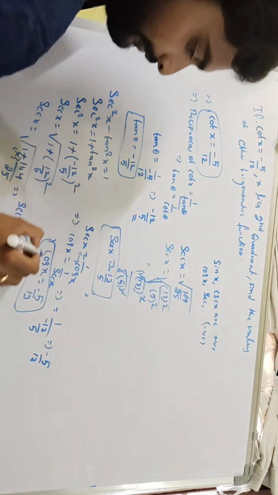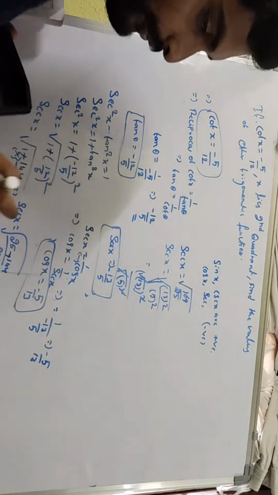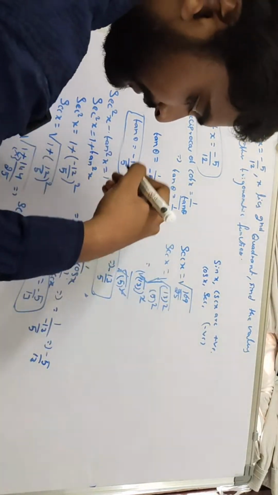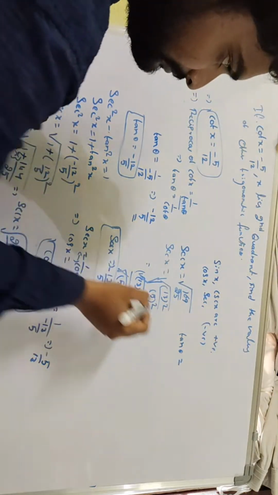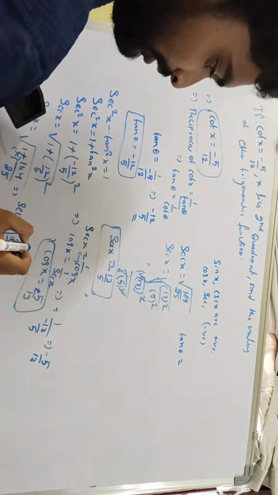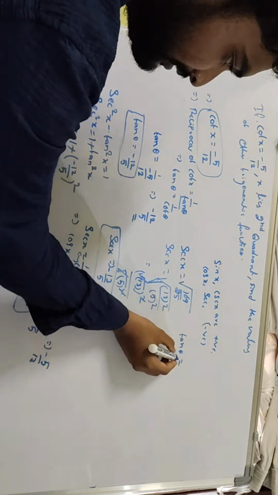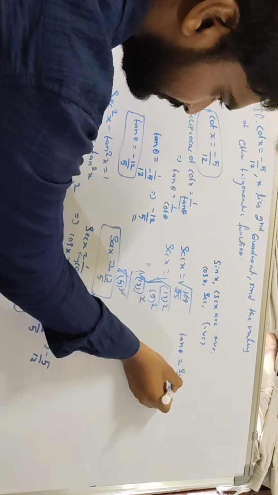Okay, so when we find tan theta, secant theta and cos theta, it will be very easy to identify sin theta also. How do we identify sin theta? Tan theta is equal to sin theta divided by cos theta.